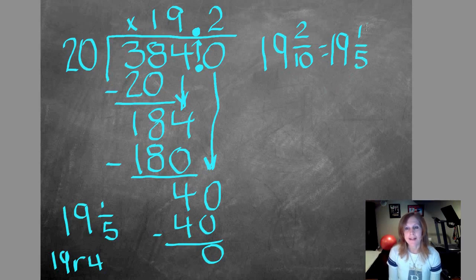Now look, 19 and 1/5. So 19 and 2/10, or the decimal 19.2, is equivalent to 19 and 1/5, which is our fractional answer. And that's one thing that I really want you to understand about the different ways that we represent remainders. Even though you have different numbers and they look like different amounts, they are actually representing the exact same amount.